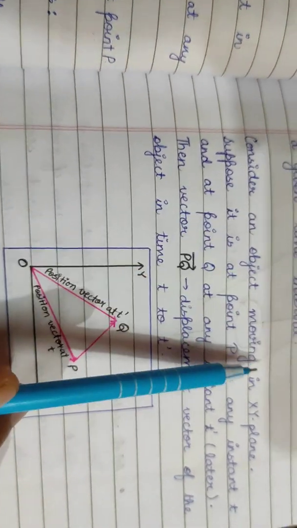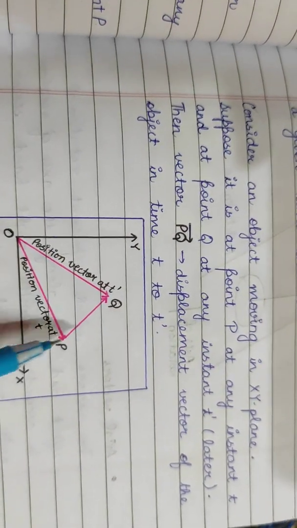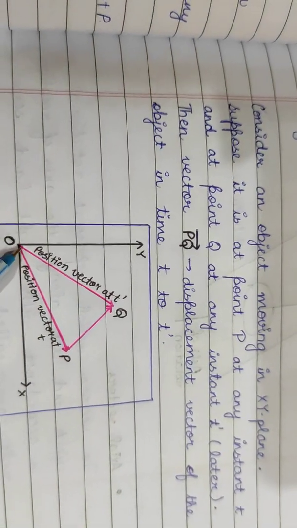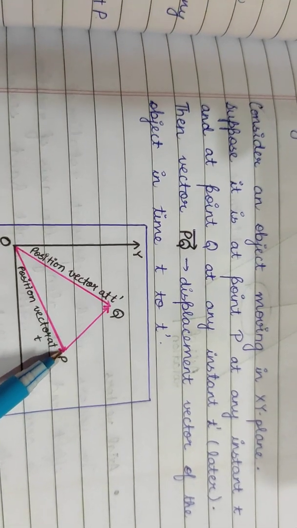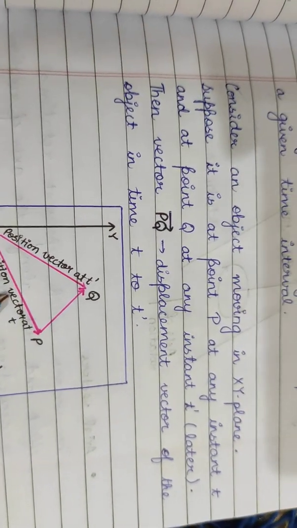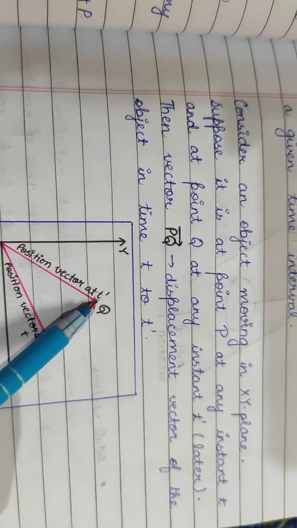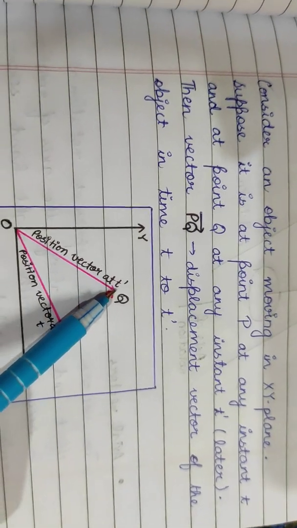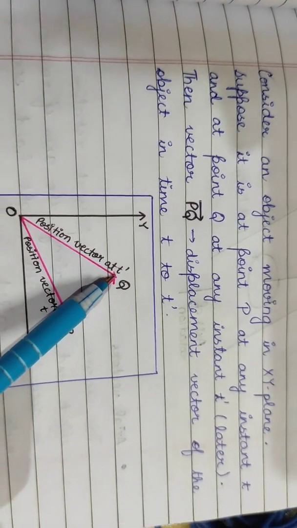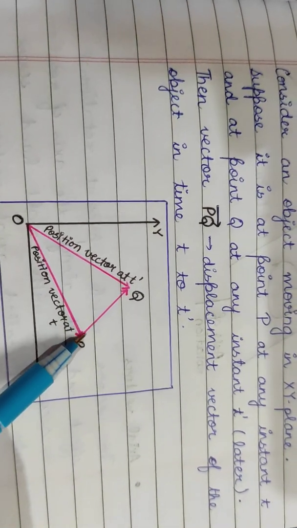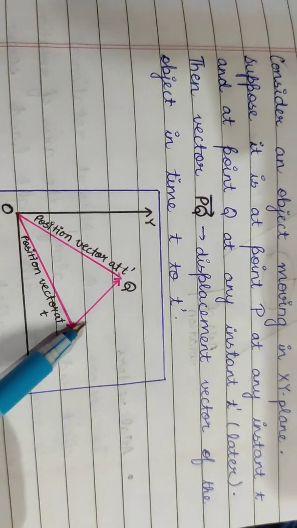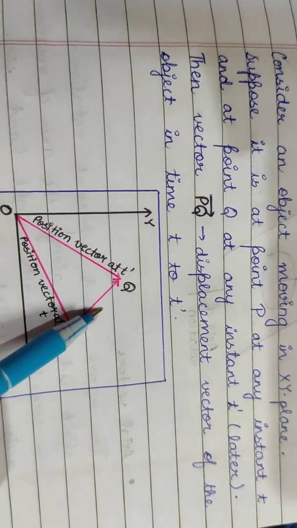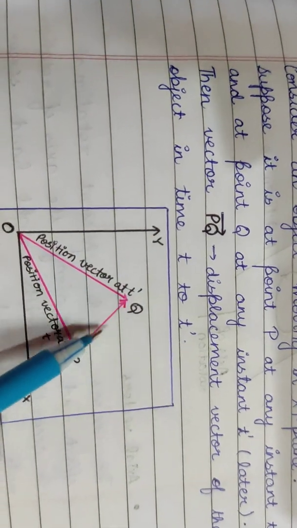Now we will consider an object which is moving in the xy plane. Suppose it is at point P at any instant t, and at a later instant t dash, it is at point Q. Then this vector PQ is the displacement vector of the object in time t to t dash.